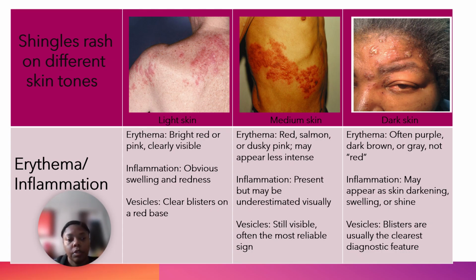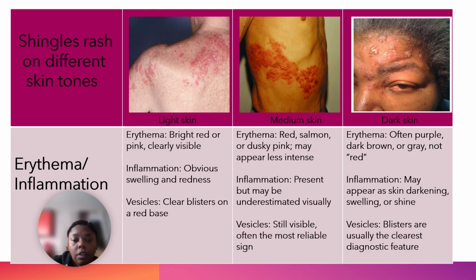For the medium tone skin, the erythema appears as red, salmon color, or dusty pink. The inflammation presence may be underestimated visually because of the skin tone, and the vesicles are still visible, and often the most reliable sign to diagnose.